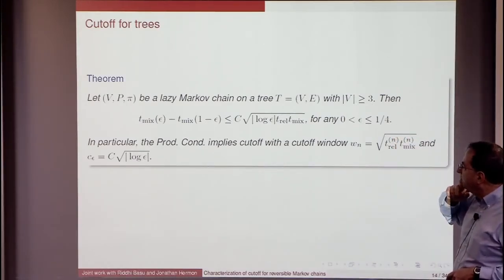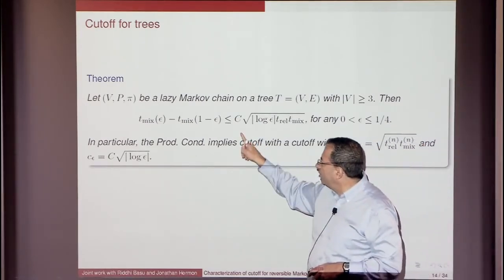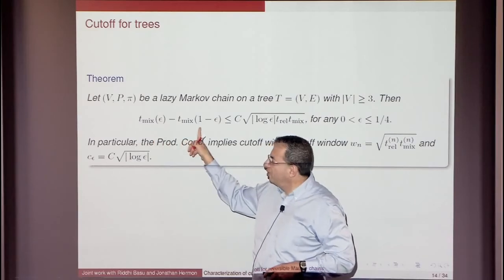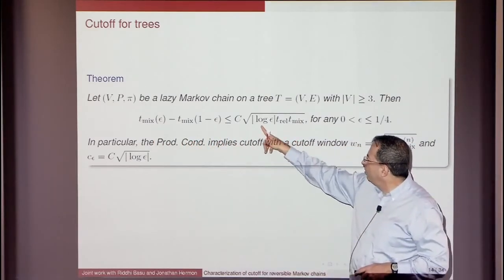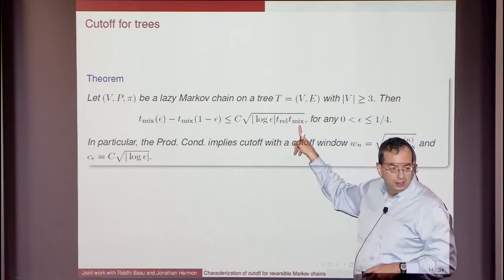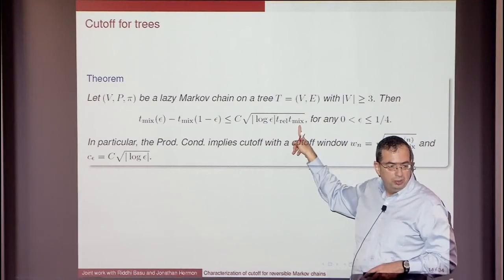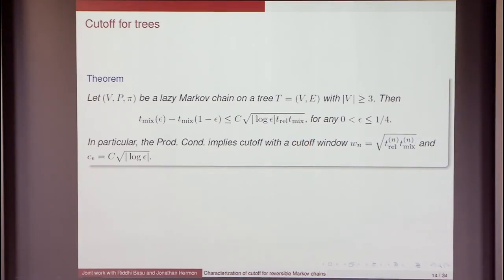For any lazy Markov chain on a tree, you have a universal constant C so that the gap between t_mix(epsilon) and t_mix(1 minus epsilon) is bounded by this quantity: the geometric mean of t_rel and t_mix. There are no assumptions here besides laziness and the fact that this is a random walk moving on a tree, so it moves to nearest neighbors, but the transition probabilities are arbitrary.